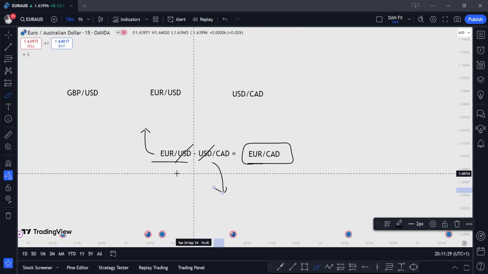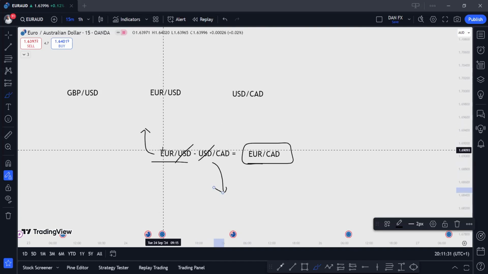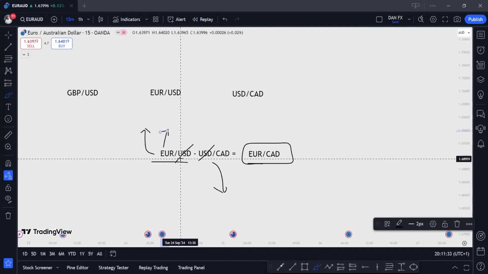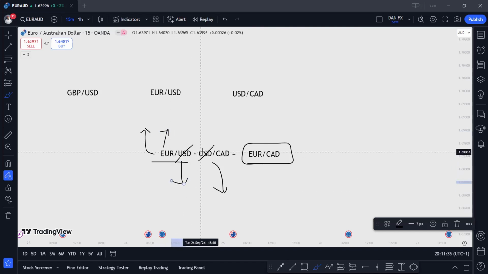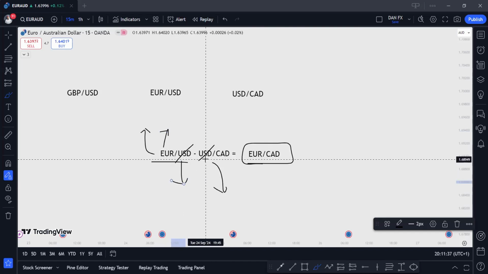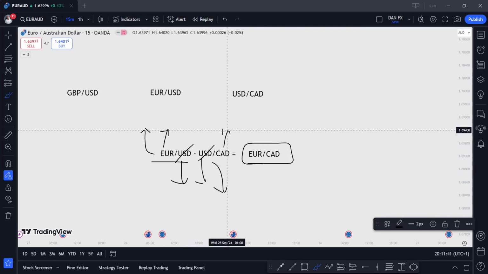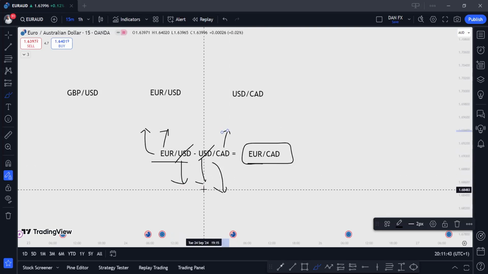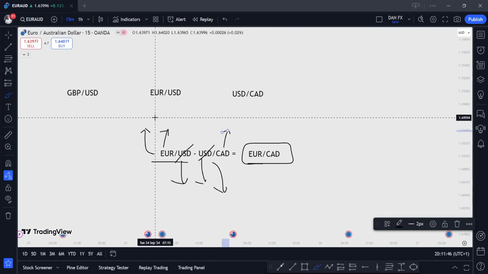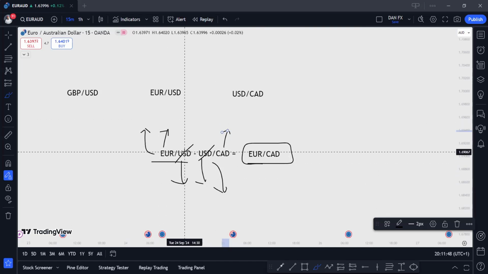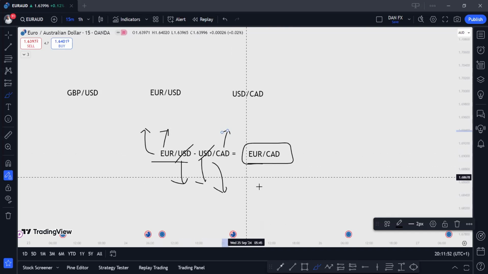So if Euro/USD goes up, that means Euro is going up and USD is going down. That means USD here is going down and CAD is going up. So if USD/CAD is going down, that means USD is going down and CAD is going up. That's why this has to go opposite of this.